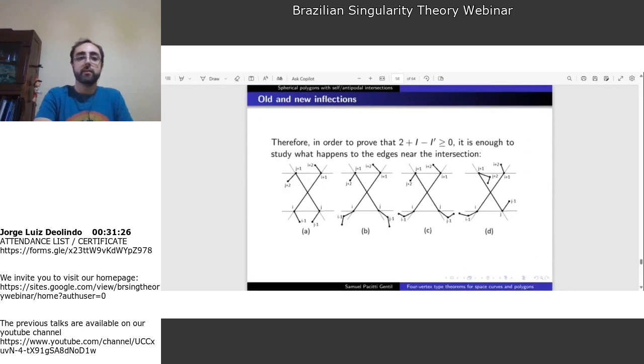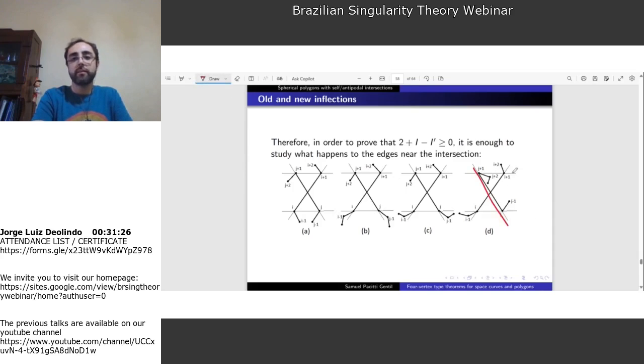And so in order to prove that this number 2 plus I is greater or equal to I prime, this is equivalent to showing that 2 plus I minus I prime is greater or equal to 0. So it is enough to study what happens to the edges near the intersection. These are some of the situations that might happen.